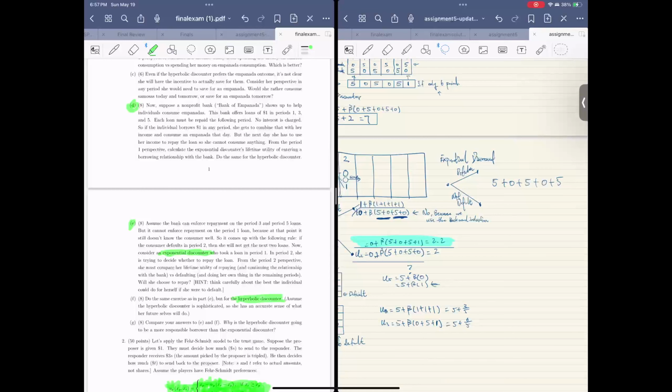Right. This is the elongated series if you borrow. So if there's a bank, then 0 plus 5 plus 0 plus 5 plus 0 plus 5. This is if there's no bank.